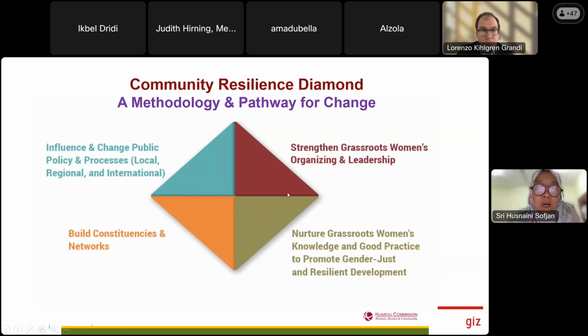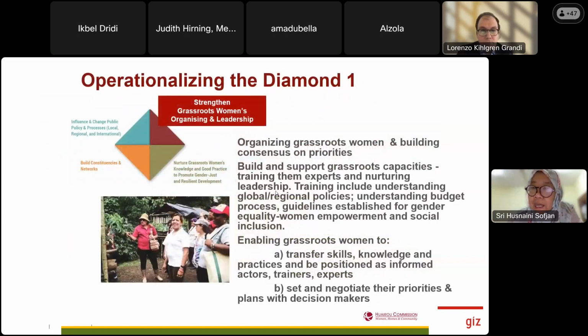The first strategy, and Bijal mentioned this, and also Ikbel, is organizing women and building consensus on priorities. This usually takes time, and this is where sometimes government and funders are not patient enough, because building constituencies, building togetherness, building them into a group to support and build their capacities, understand the system, and know what information to access, takes time.